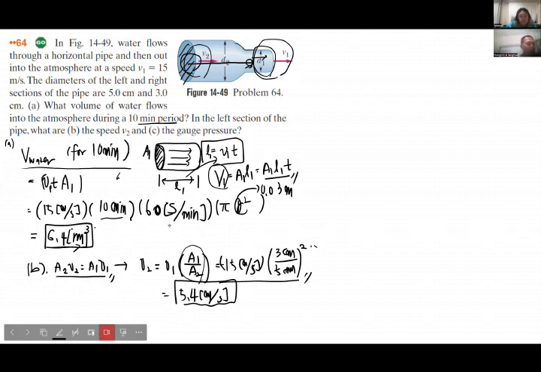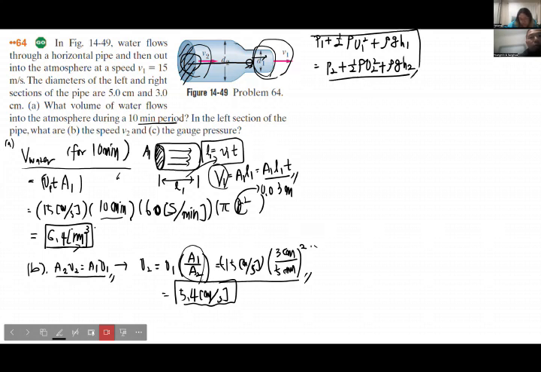Okay, now we have to apply the Bernoulli equation to find the gauge pressure. Gauge pressure is net pressure above the atmospheric pressure. So based on the Bernoulli equation, P1 plus 1/2 rho V1 squared, the kinetic energy of the water, plus the potential energy of the water at position 1, is the same as the pressure at position 2 plus the kinetic energy of water at position 2 and the potential energy of water at position 2.